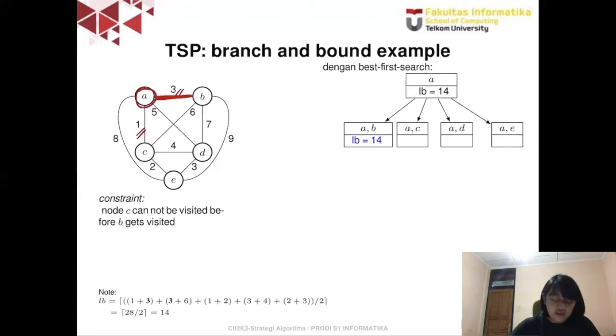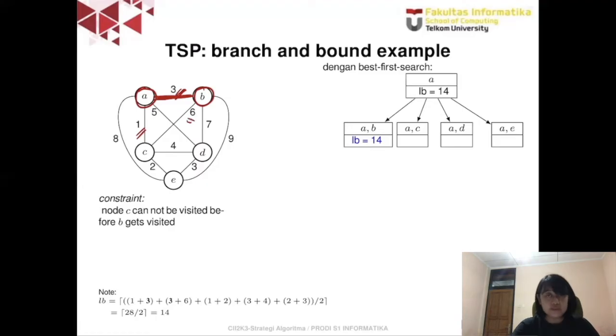Okay. And for B, again, we must consider 3 because it is a part of the solution, and the other edge that is attached to B in the solution must not be lower than 6 because we don't have any other edge that is lower than 6.